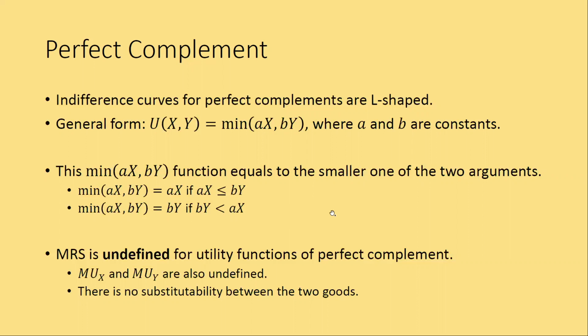We are not deriving any additional utility if we marginally increase the consumption of a single good holding the other constant, right? If we increase our consumption of a left shoe holding our consumption of the right shoe constant, well, the increase in our utility is undefined. So for perfect complements, there is no substitutability between the two goods. Both the marginal utility and the marginal rate of substitution are not defined.